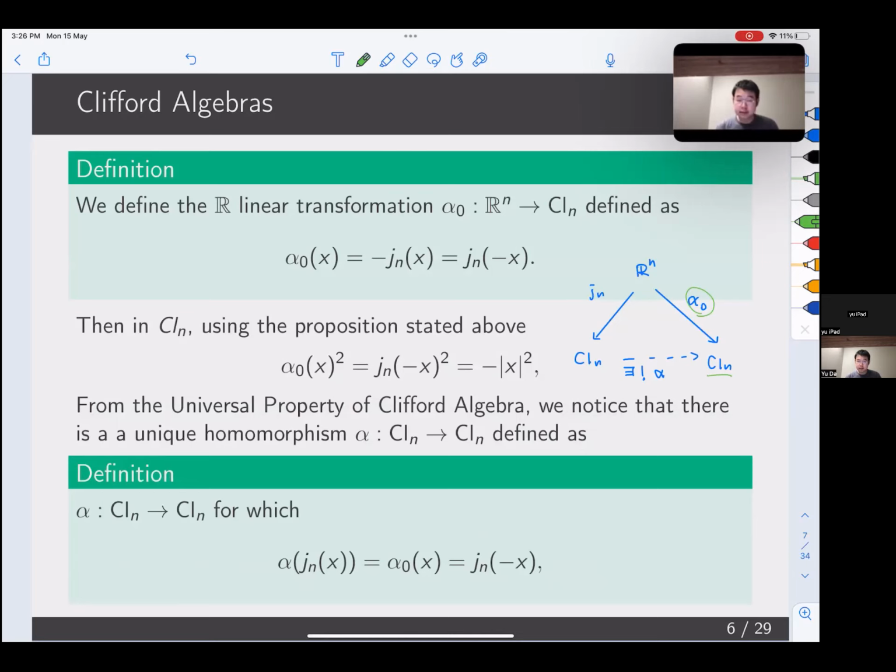So this satisfies the requirement on the little f in the theorem defined before. So next, by the universal property of Clifford algebras, there's a unique alpha for which alpha composed with j_n is just alpha_0.